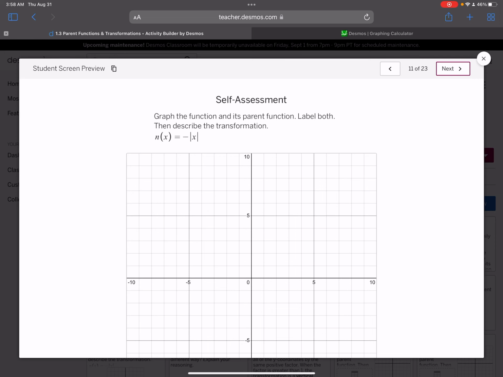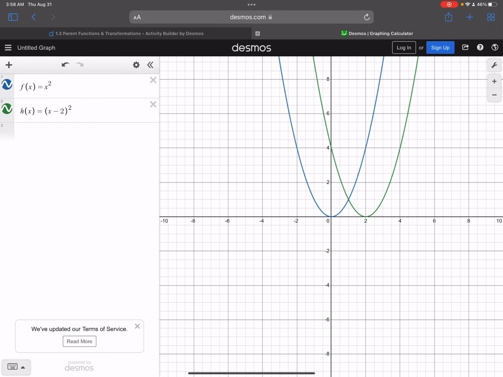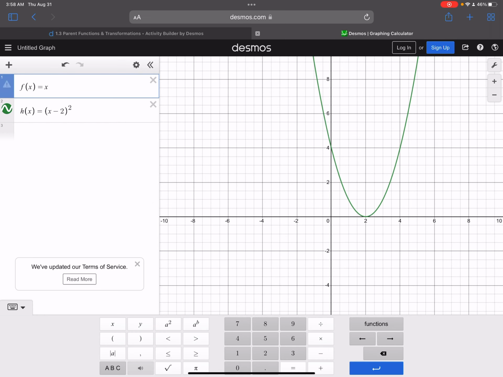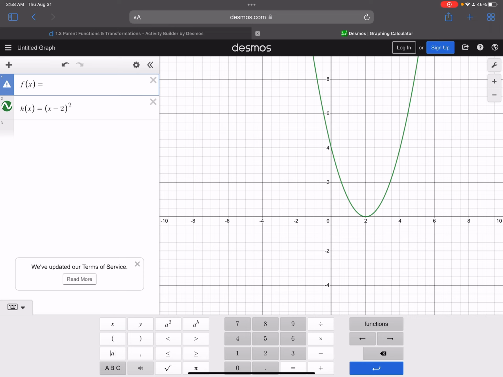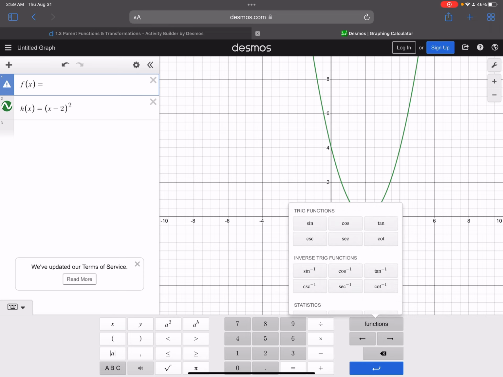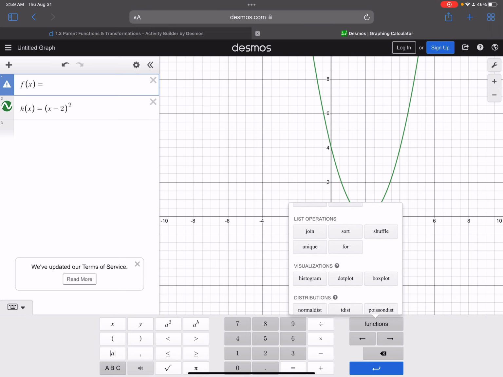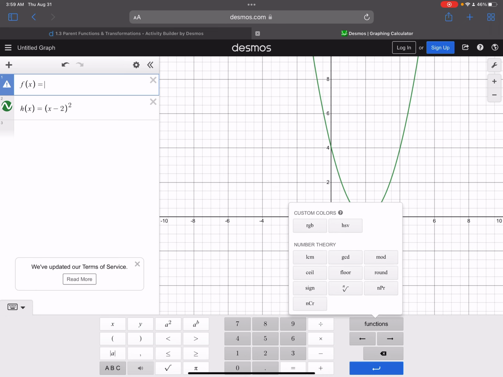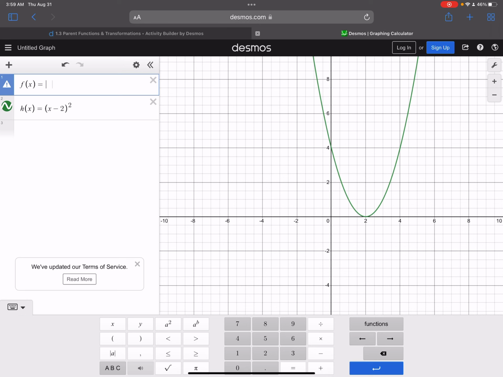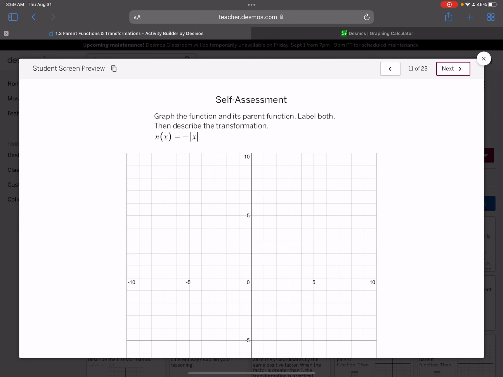All right, n of x equals negative absolute value of x, so I'm talking about absolute value. Let's see if I can find that here. Oh, there it is. So that is my parent function, f of x equals absolute value of x.